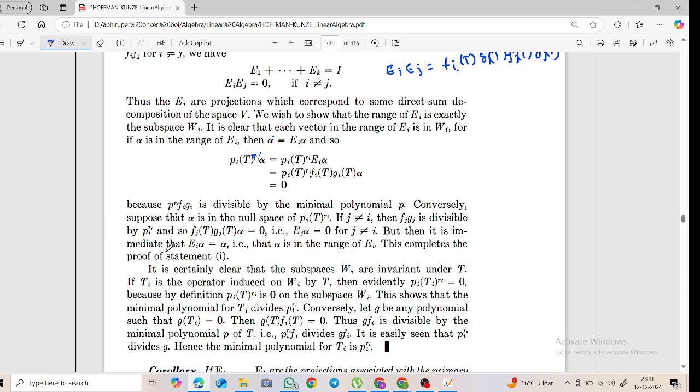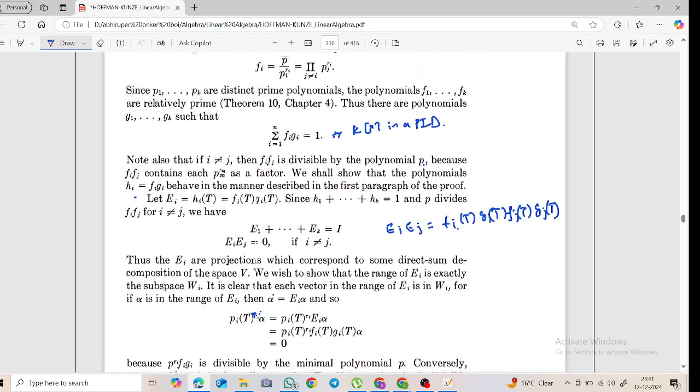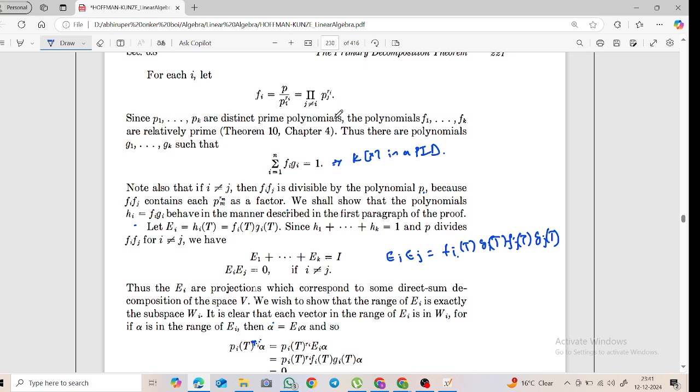In the null space of this, so Fj, what was Fj, by the way? Fj was this, okay?